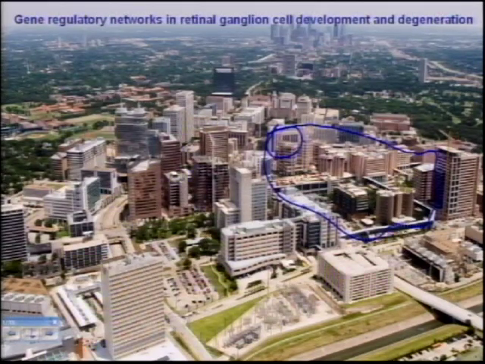Now, our major objective, and the major objective of many people in the field, is to build gene regulatory networks with the idea of improving our predictive power. So if we understand in a more comprehensive way how genes are regulated at a systems level, at a network level, we can understand and predict more about how the cell will form and develop and function.